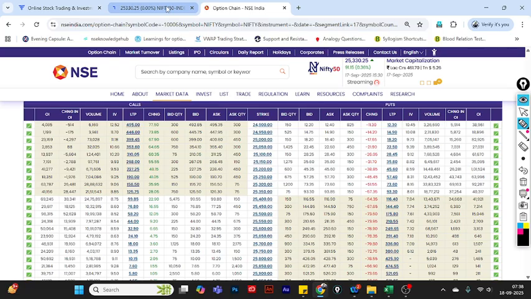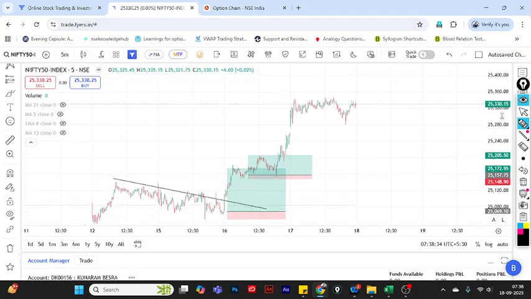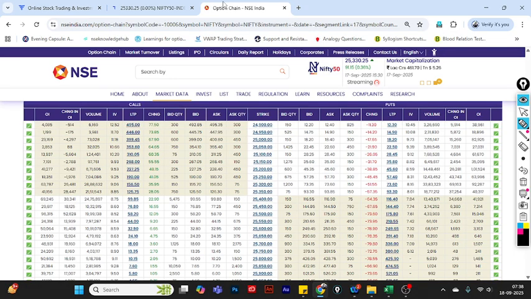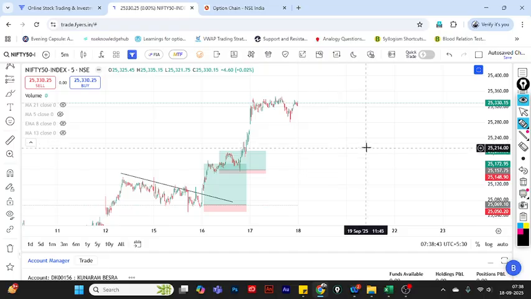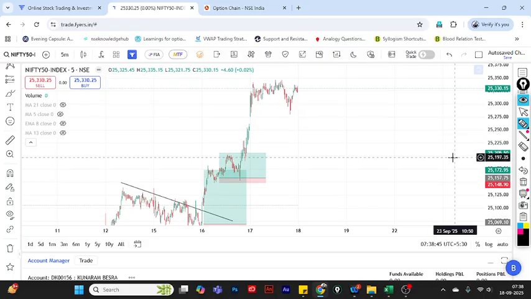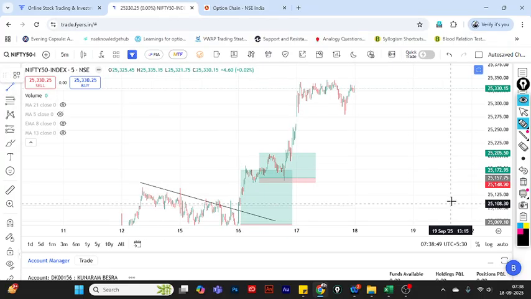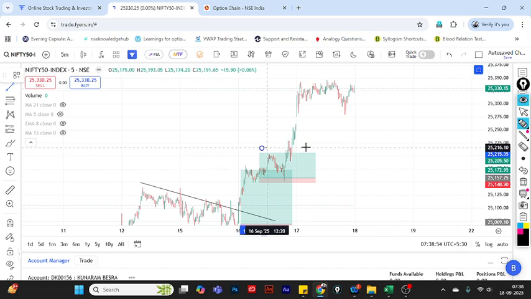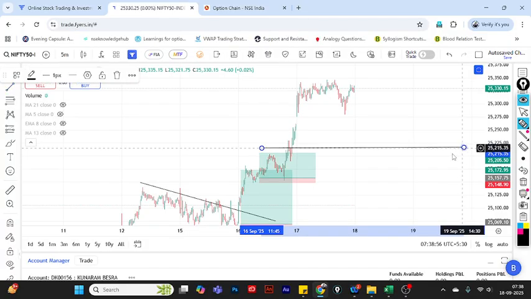So we'll draw a trend line at the same strike price, 25,200. This will act as a support. Let me draw. Okay, this is our support level.